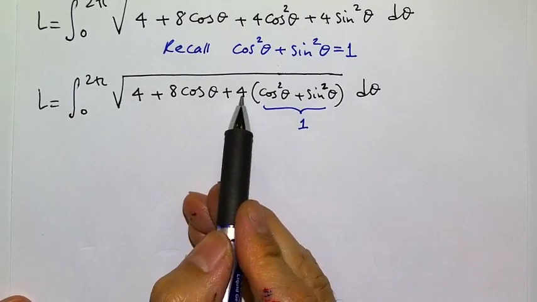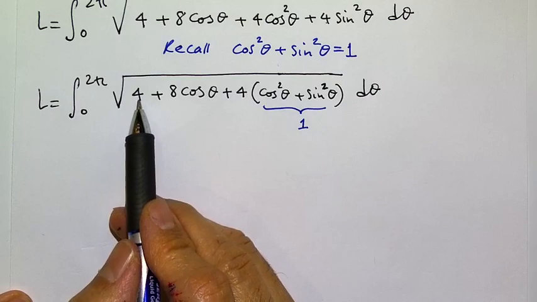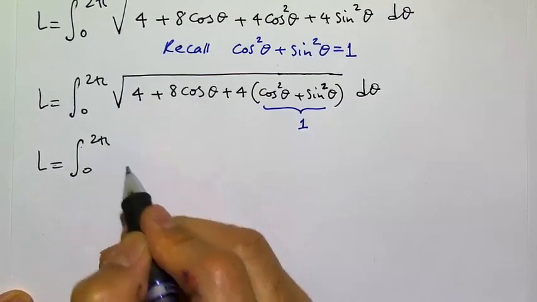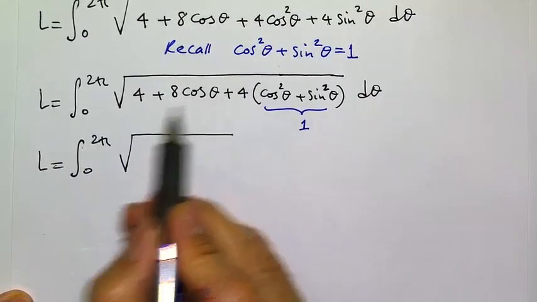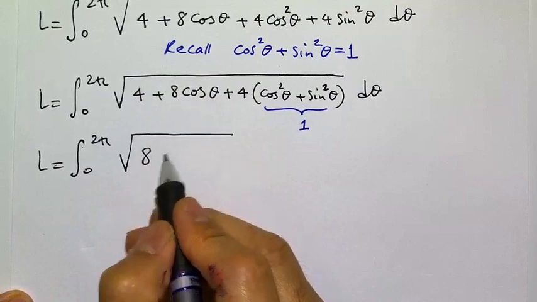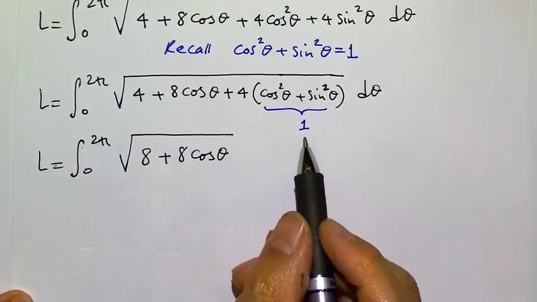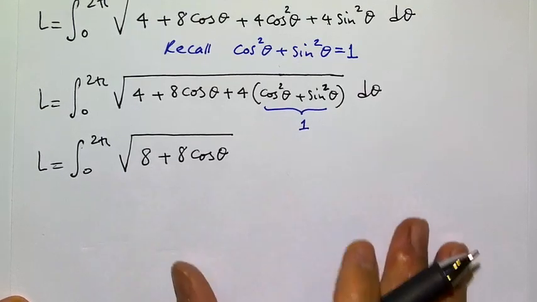And 4 times 1 is 4 plus 4, we get 8, right? So we get the integral from 0 to 2 pi of the square root of 8. 1 times 4 is 4 plus this 4, we get 8 plus 8 cosine of theta, right? Of course, this can be factored out nicely.